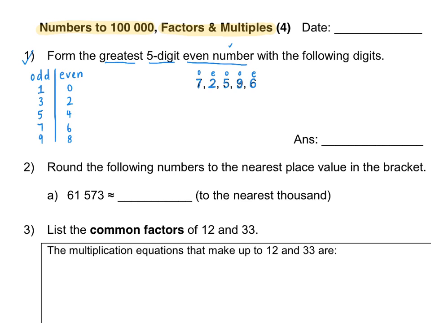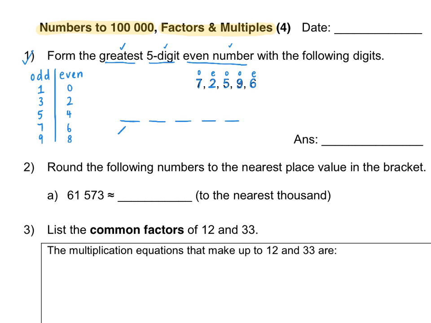Let's go on to the next information, 5 digit. So let's draw 1, 2, 3, 4, 5. 5 lines. Next information, they want the greatest number. So this 5-digit number over here must be as big as possible.